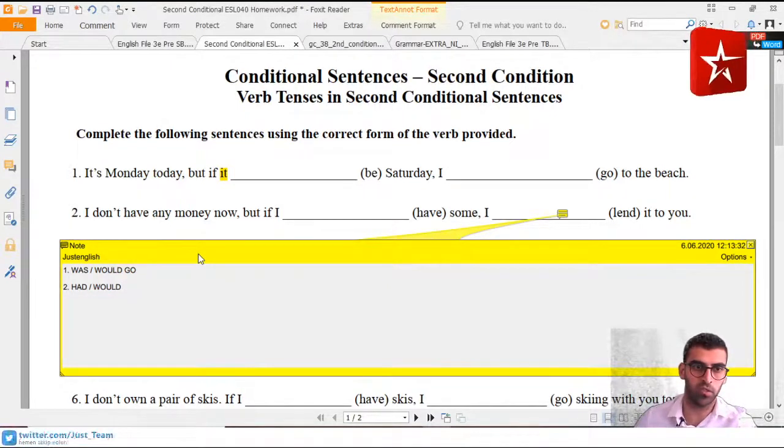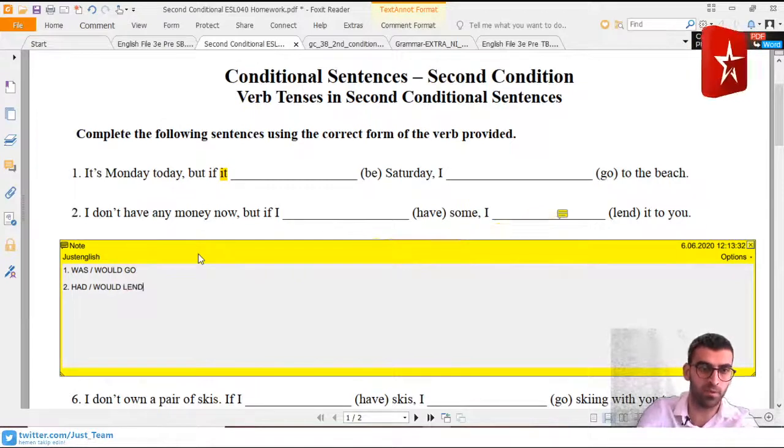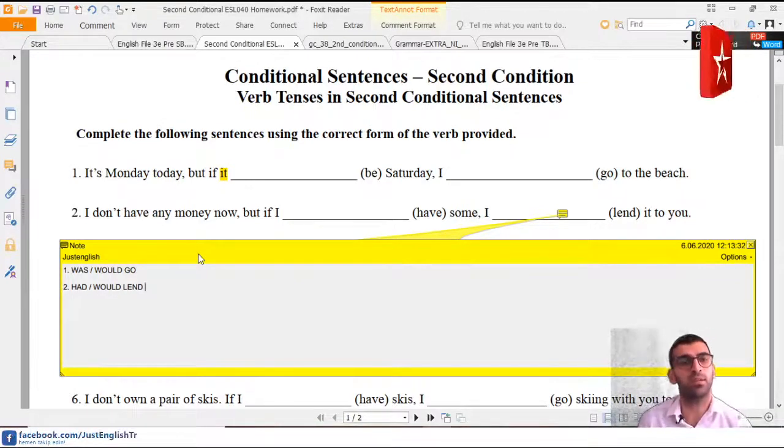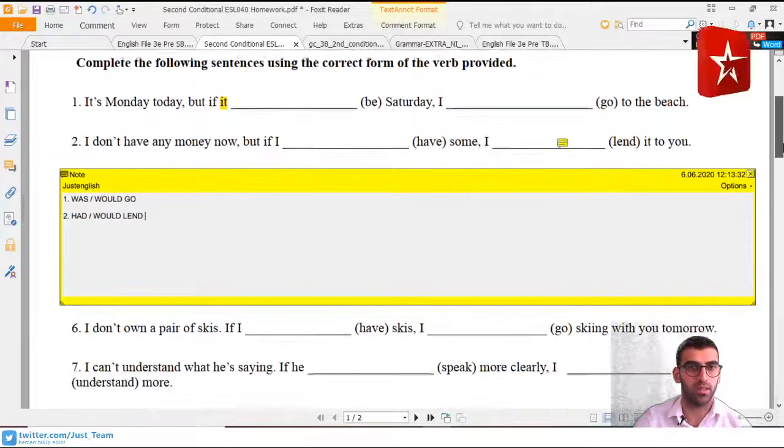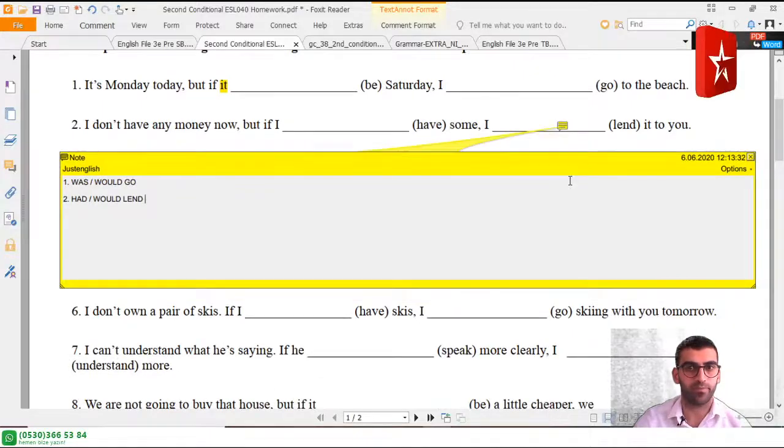For second conditional we use would, and the first form of the verb, lend. Had and would lend. I don't have any money now, but if I had some, I would lend it to you. Number three.